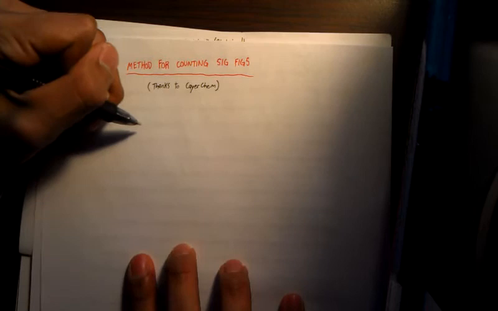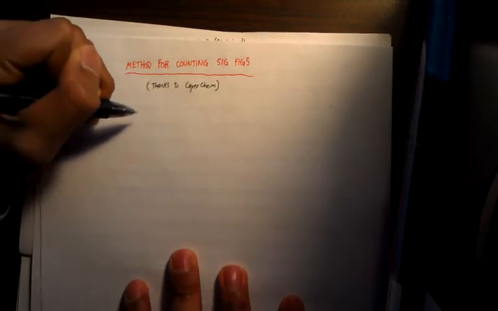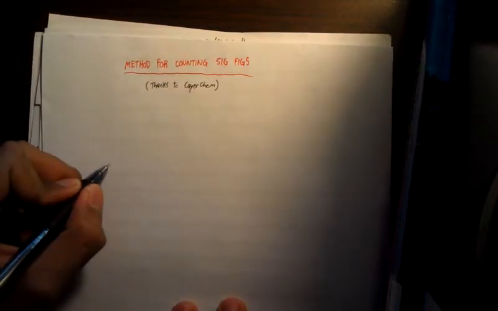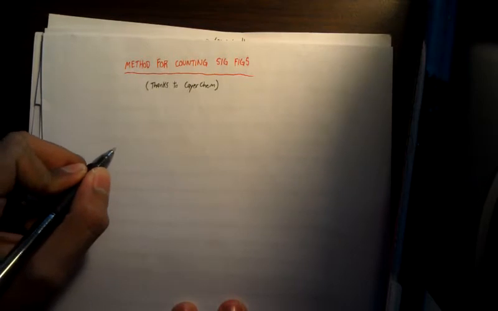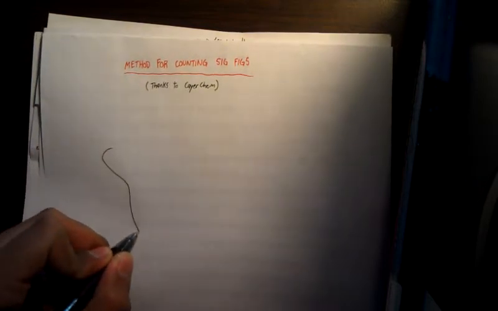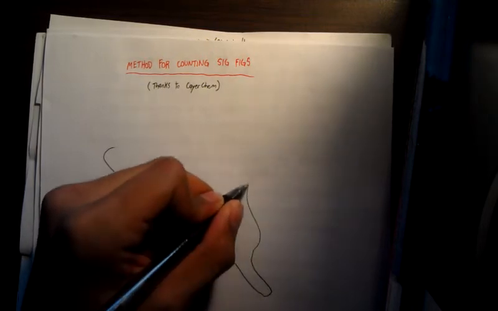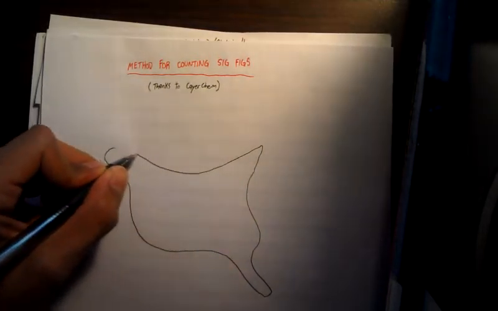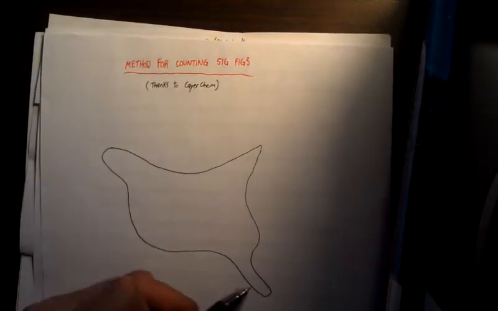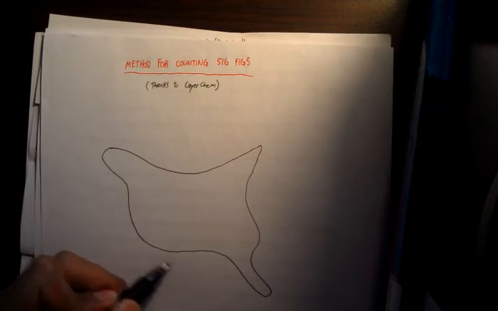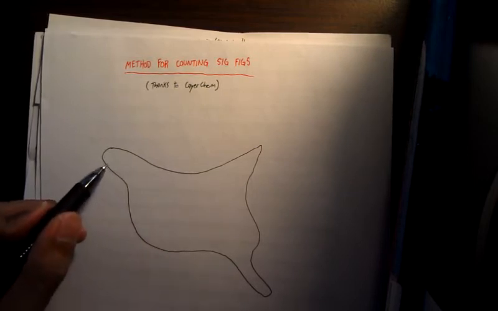So the basic idea is that you're going to imagine whatever number you have as the United States, and I'm not an artist, so yeah, there's Florida, and Texas is somewhere right here.